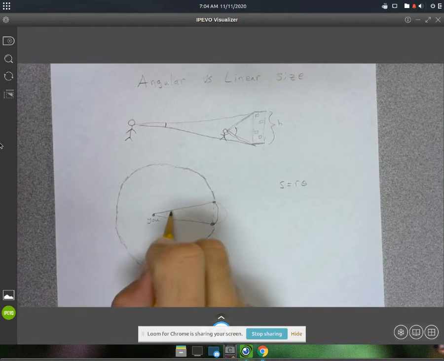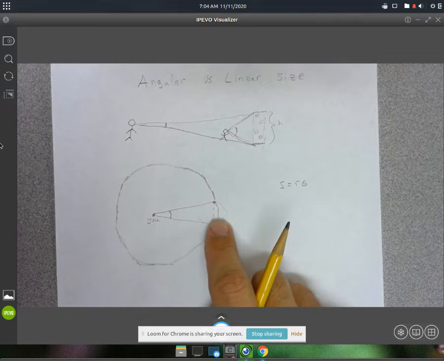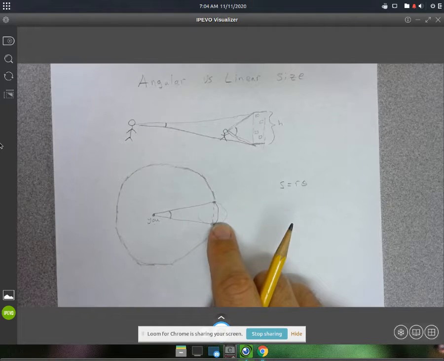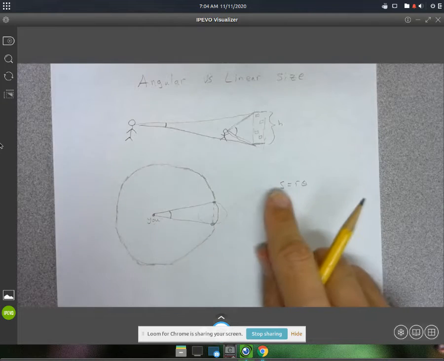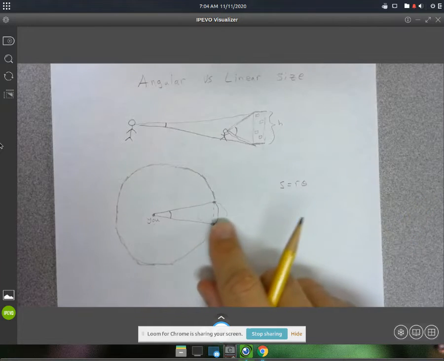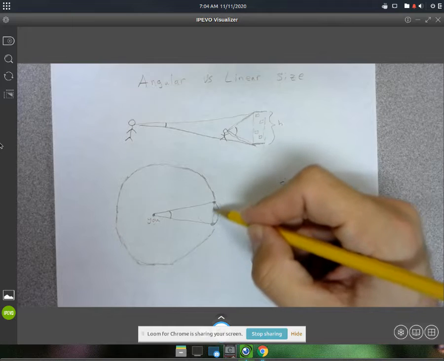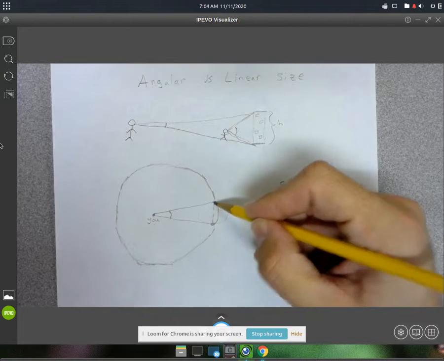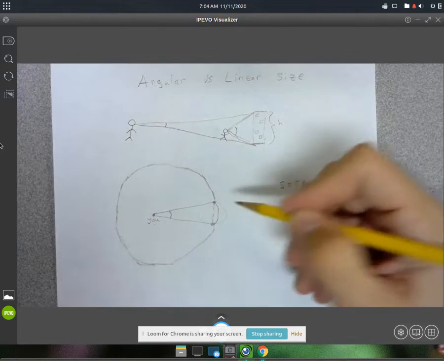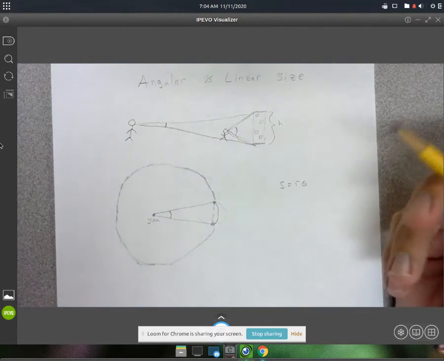We use this angle, and we use the S equals R theta formula to make a guesstimate to describe the size of this. All the things that we're going to be doing with angular size are approximations of the size of this object. It's not going to describe its linear size, the distance across the diameter of the object. It's just going to give us an approximation for how big the object is.